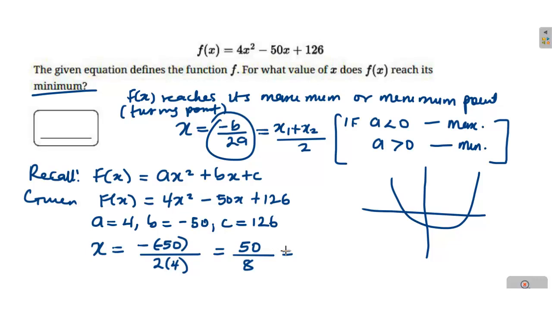So 50 divided by 8: 2 in 50 is 25, and 2 in 8 is 4. So the answer to this problem is 25 over 4. That is the value of x at which f of x reaches its minimum.